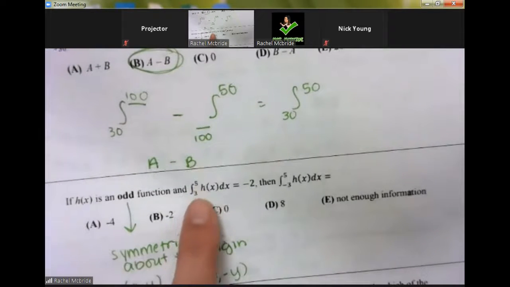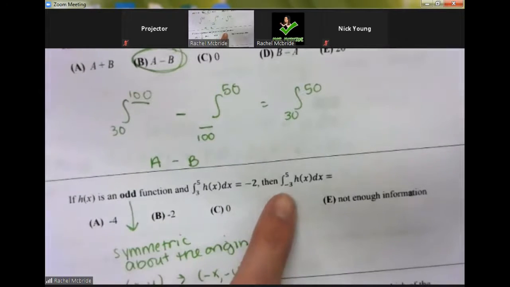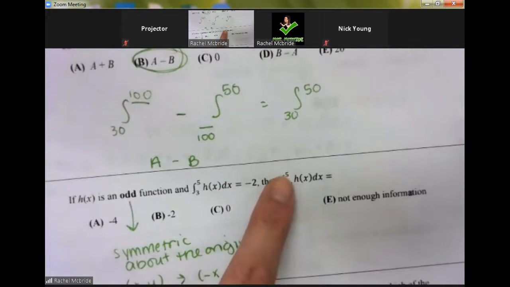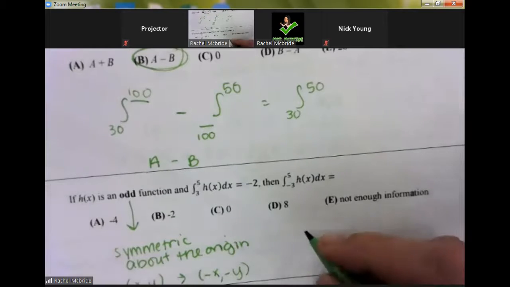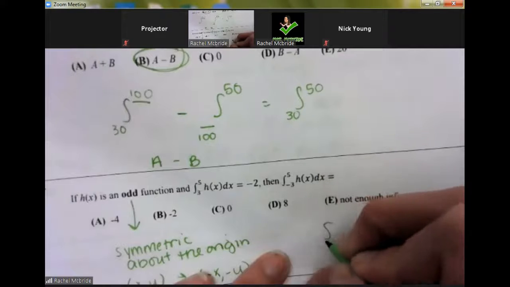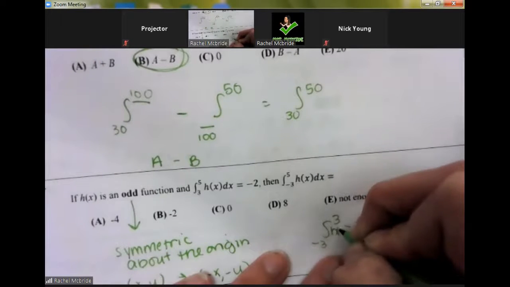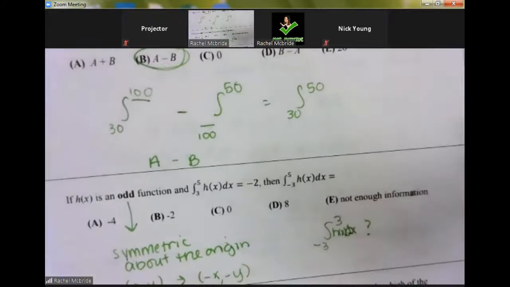So if it gives you that 3 to 5 of h of x is negative 2, and you want to know negative 3 to 5, then that's kind of like saying, okay, what's happening from negative 3 to 3? Like we need to know what is happening from negative 3 to 3 of h of x dx.